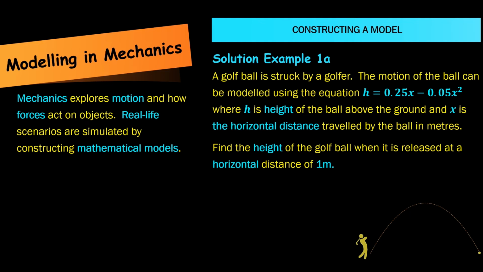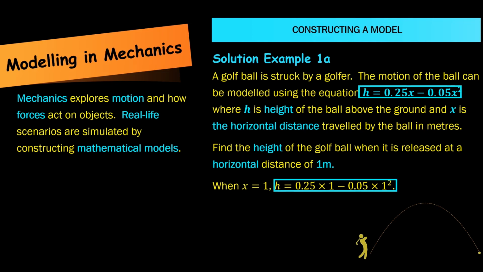So let's have a look at example 1a first. We are required to find the height of the golf ball when it is released at a horizontal distance of 1 meter. So when x equals 1, we plug x equals 1 into the formula for h, as shown here.